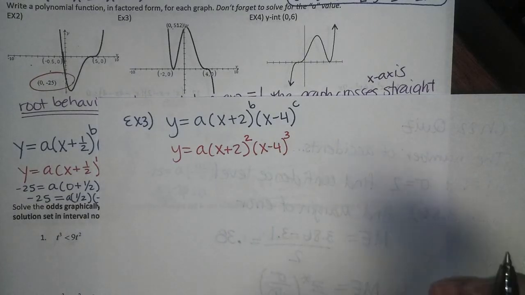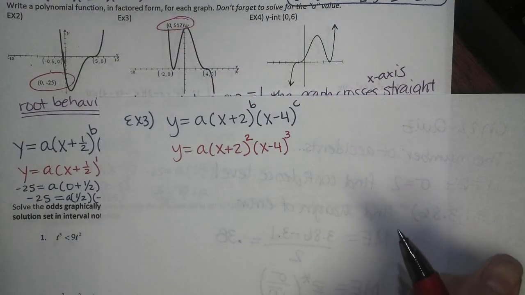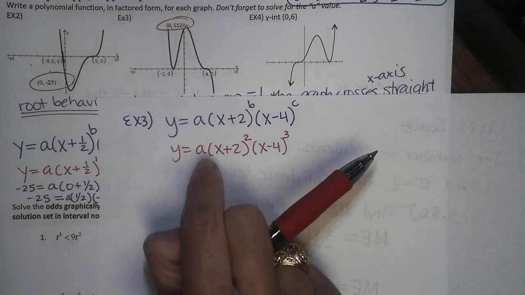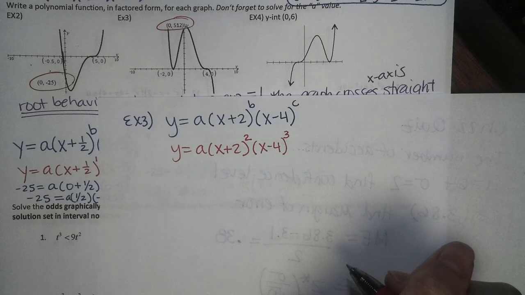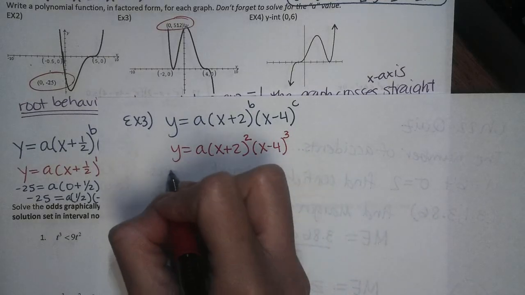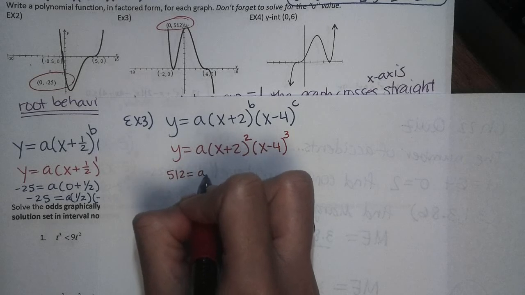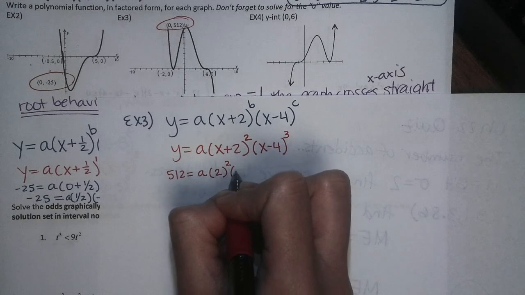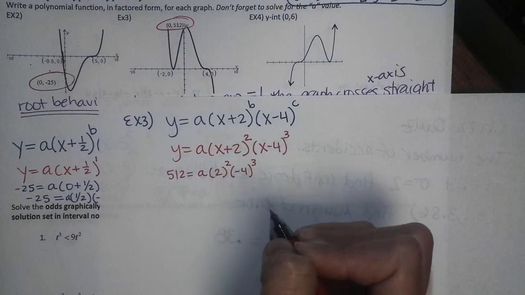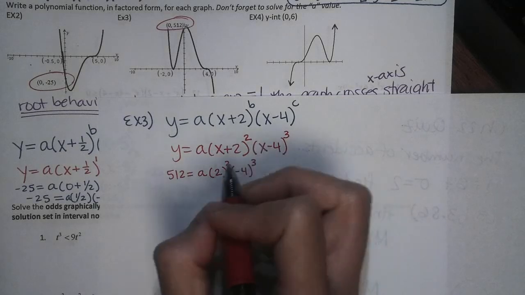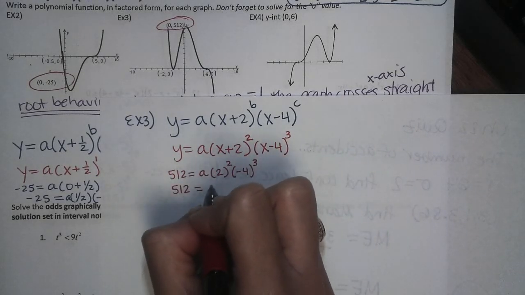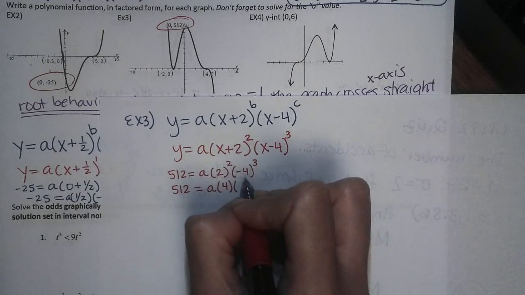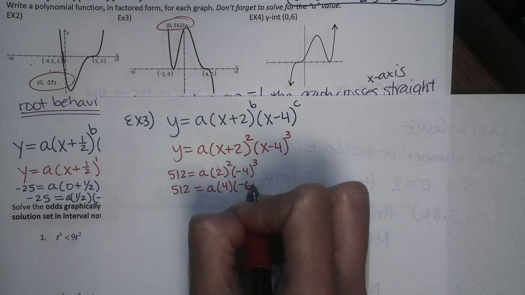And finally, you will always be given the y-intercept, so you can plug in the y-intercept for y and plug in 0 for x and solve for the a value. So let's do it. 512 equals a times 2 squared times negative 4 to the third. Now just simplify, do some math here. 512 equals a times 4 times negative 64.